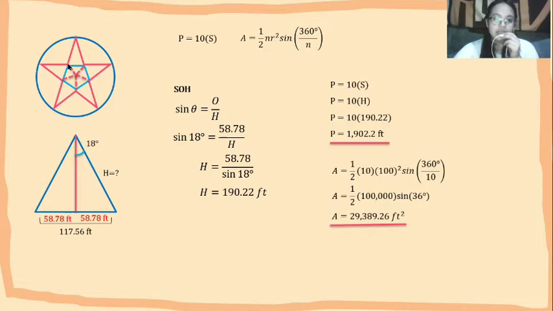As you can see, inside of the star, we can form a shape which is the pentagon that we solved earlier. So I will be using the sine, which is opposite over hypotenuse. So first, let's get a triangle here, and this is what it looks like.